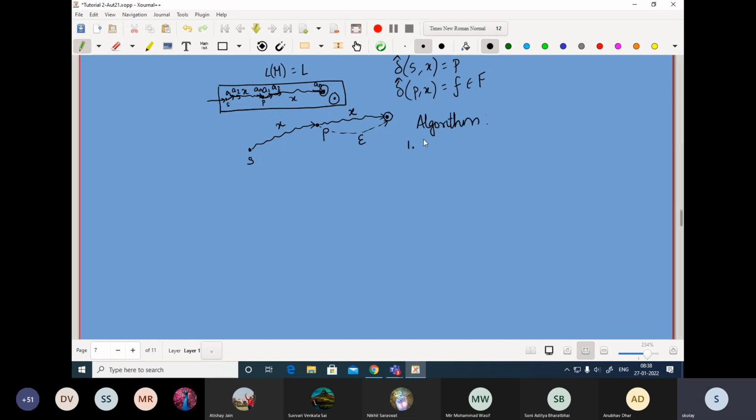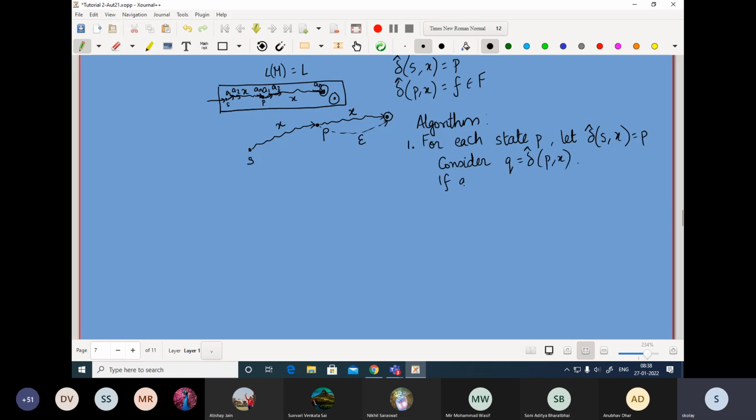So first step is consider a state P. Like for each state P, let delta hat Sx equal to P. I know that this is a DFA, so there is exactly one path which is going to P. Okay, and now consider the state Q, which is equal to delta hat Px.